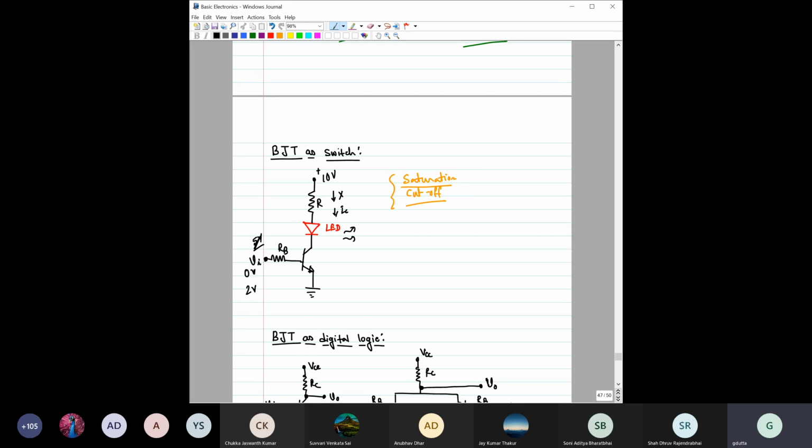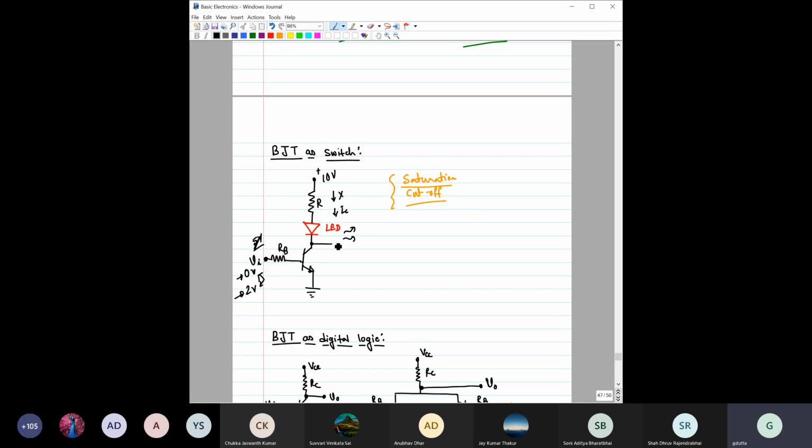So when you give 0 volt, then what is the output voltage? Say we don't have the LED and we are taking only the output from here. Then what would be the output? 10 volt. When you give 2 volt here, what would be the output? 0.2. Right.